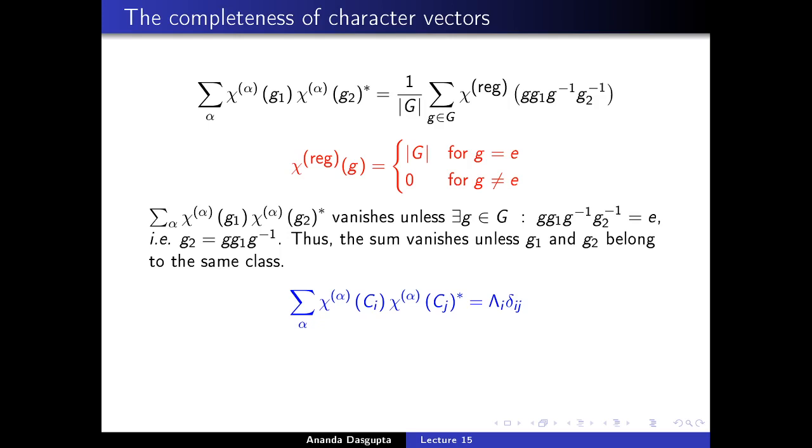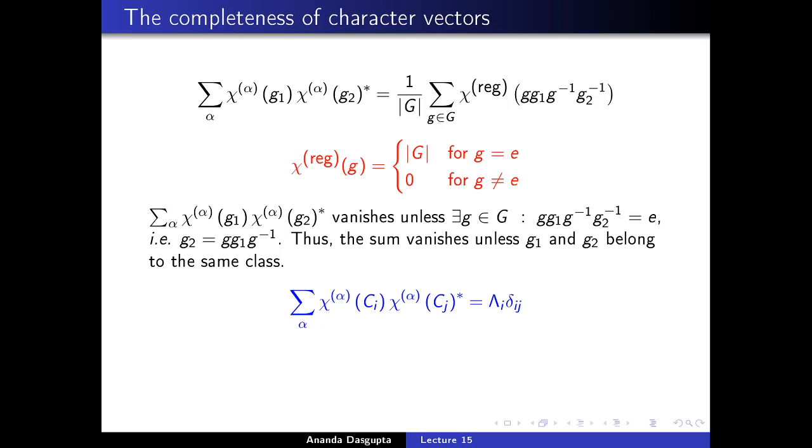When you sum it up over all irreps, you end up with delta ij times some number, which of course can depend on the particular class that we are talking about. That is, if g1 and g2 belong to different classes, this sum is 0. If g1 and g2 belong to the same class, that is, if i and j are equal in the sum above, then this expression has to be an integer.